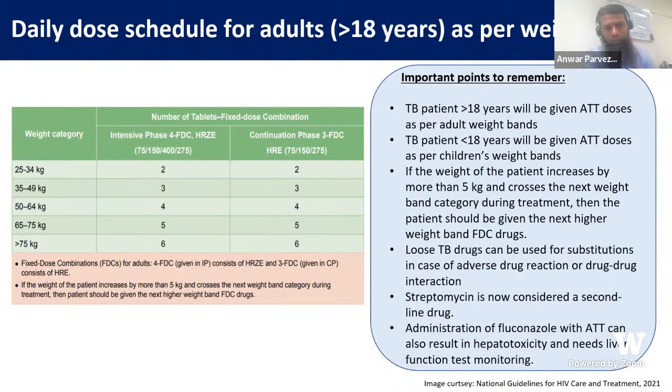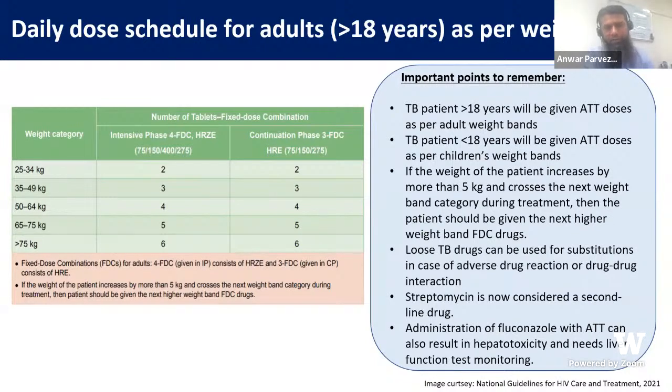What I'm showing now is the weight band for adults, where these numbers indicate the number of tablets, and you can see the fixed dose combinations and strength of medications in those tablets. As the weight increases, we increase the dose, but it has to be more than 5 kg weight gain during the treatment.